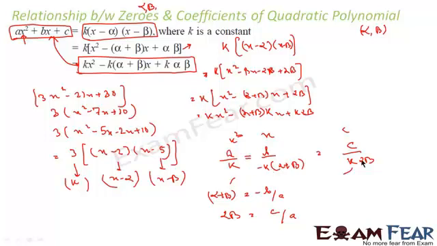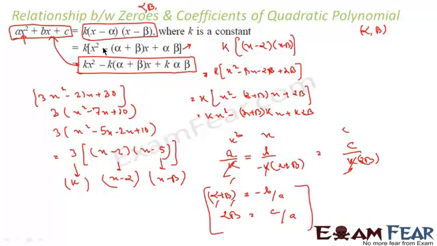And if you take this and this, here also k cancels, and you'll get alpha beta is c by a. So we have got alpha plus beta is equal to minus b by a and alpha beta is equal to c by a, where alpha and beta are zeros of this quadratic polynomial, and a, b and c are coefficients of this quadratic polynomial.